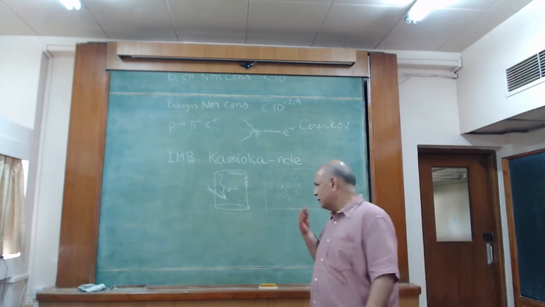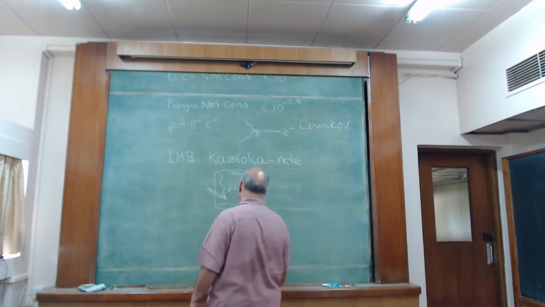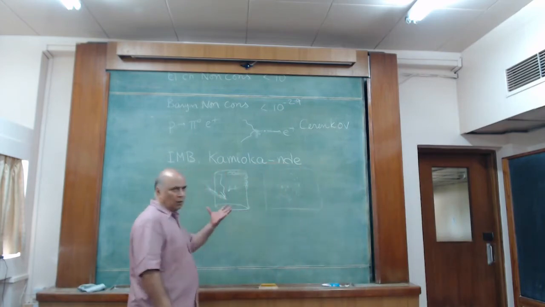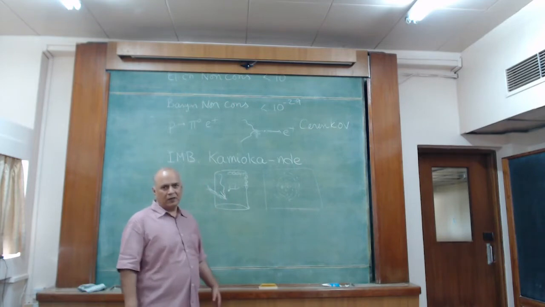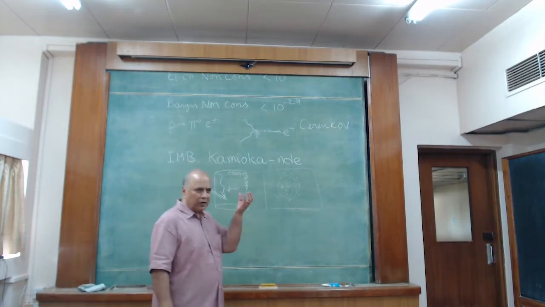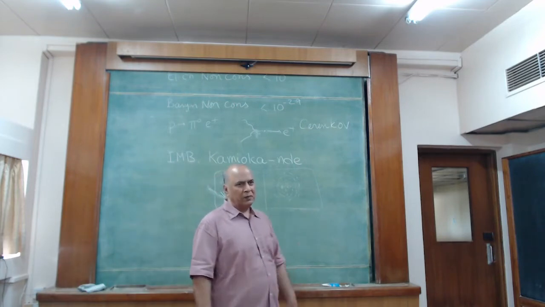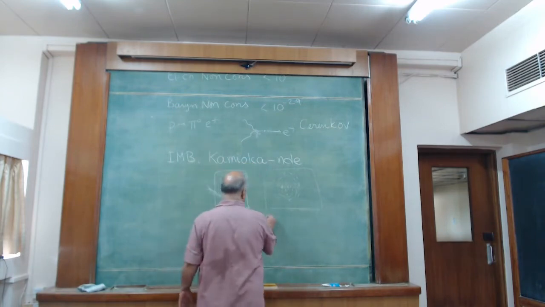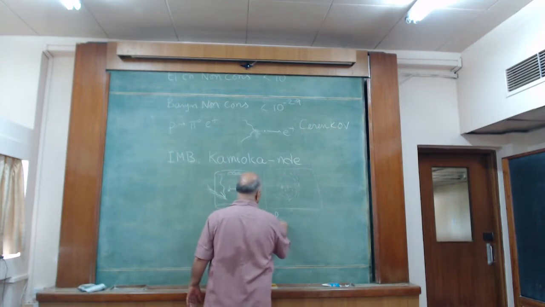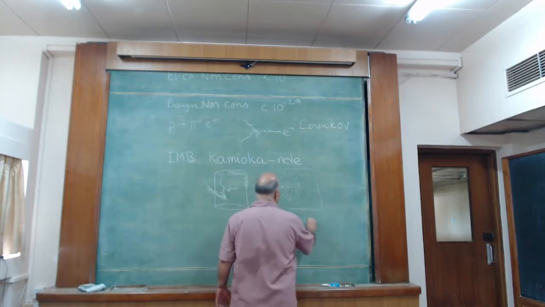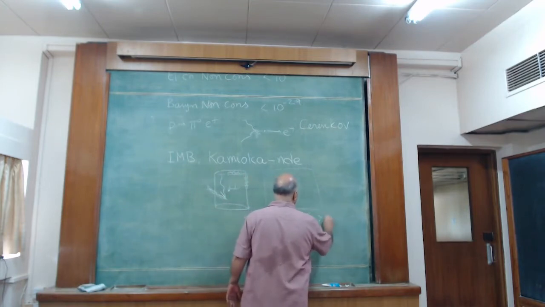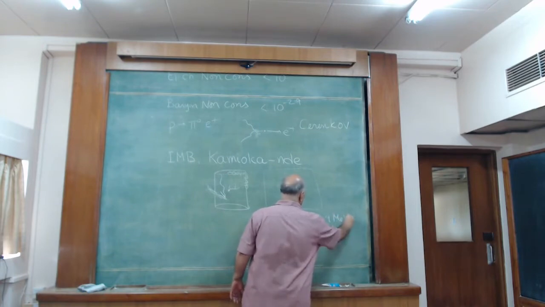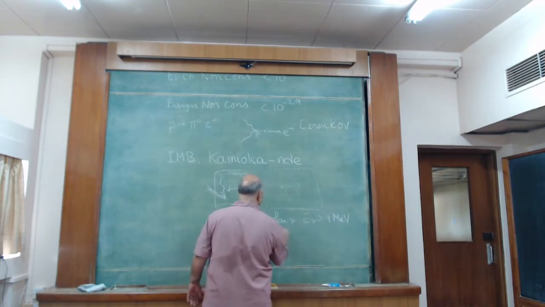This proved useful because of this better sensitivity, they could detect lower energy particles, and they could actually detect solar neutrinos with energy greater than... in real time.